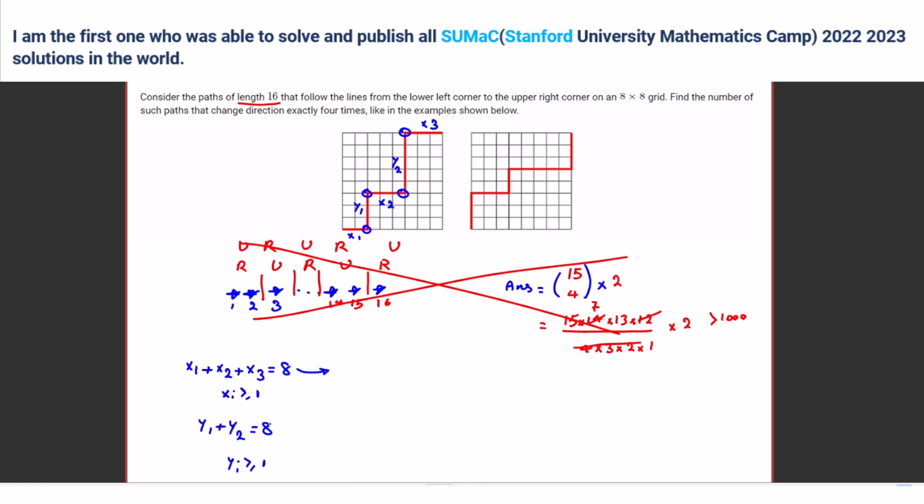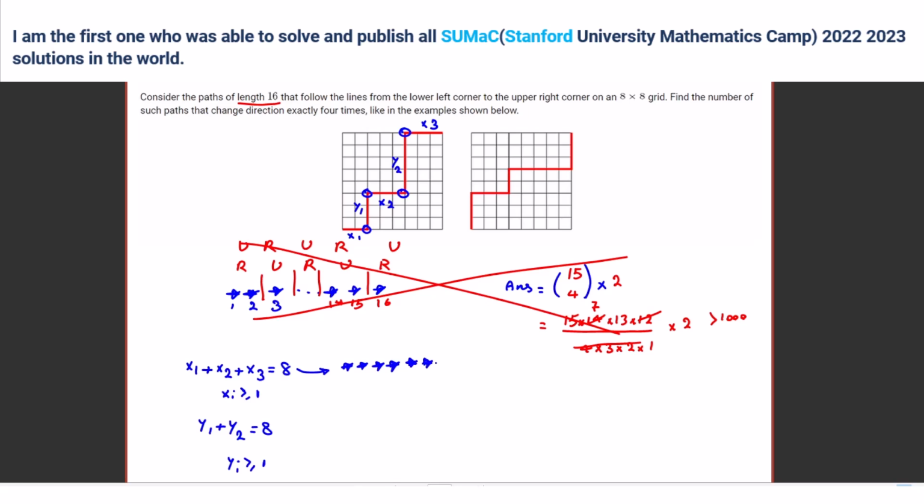So let's use the stars and bars. How many stars are there? How many bars? I forgot to use stars and bars. Okay, so here there would be 8 stars and then 3 segments, 3 bars?